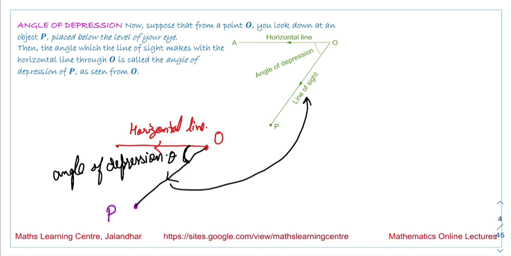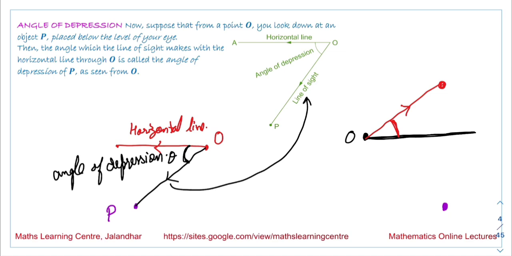The difference between both these is that suppose we are at this point O, and we have two objects, one over here and one over here. This is the horizontal line. For the first object, which is lying above us, this is the line of sight and this is the angle over here.